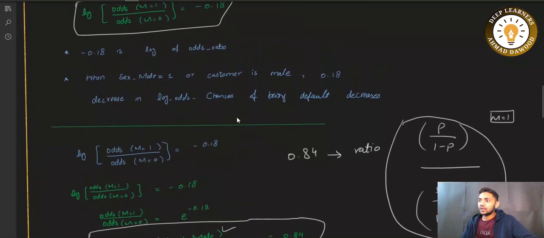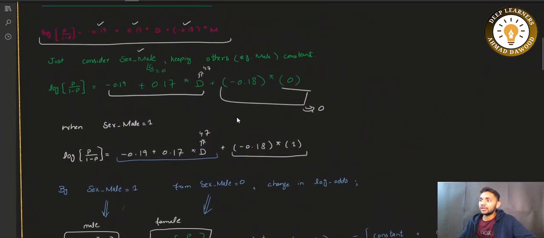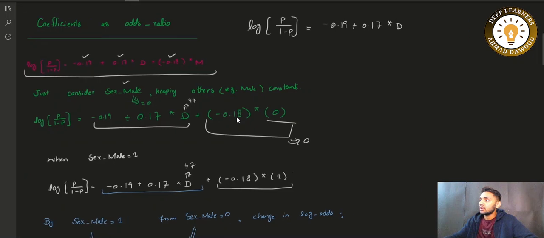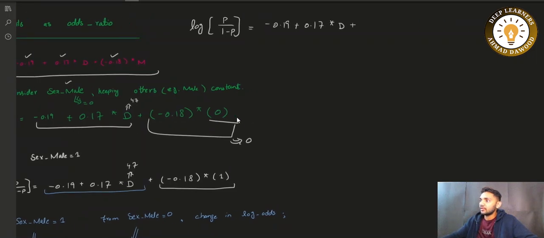In a very simple way, let's say the log of odds, which is log of p over 1 minus p, is equal to the intercept, plus 0.17 into d, which is duration, minus 0.18 into male. Male is a binary column and d is a continuous column.